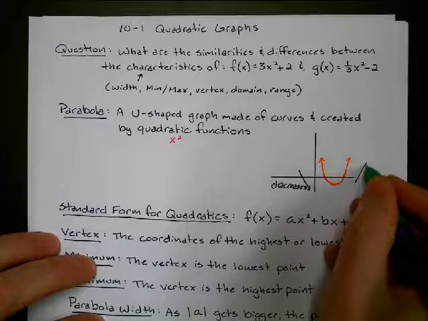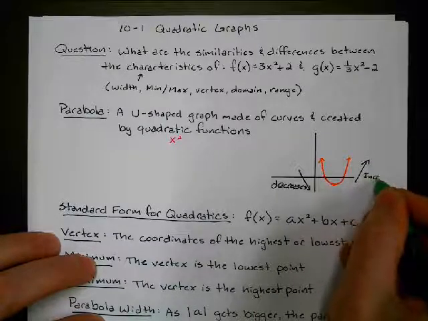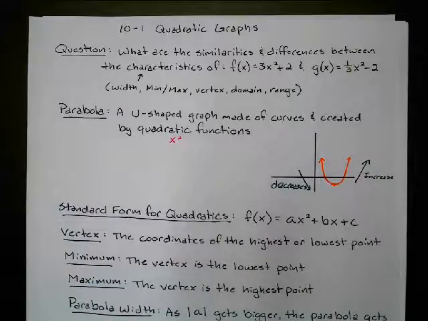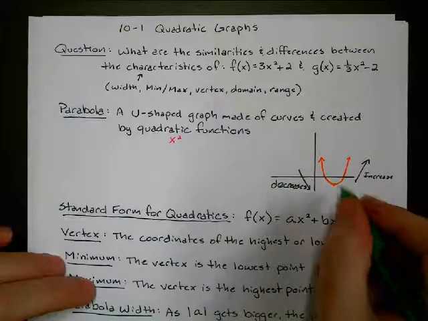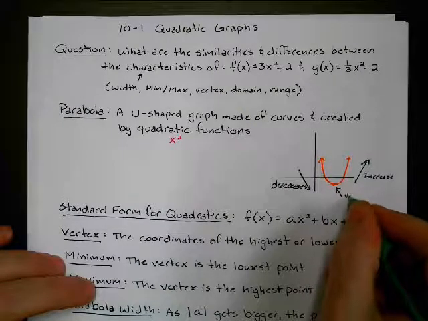And on this side of the graph, it's increasing. So the first thing we notice about these parabolas is that they increase and they decrease. It's because at this little point here called the vertex, they change directions.